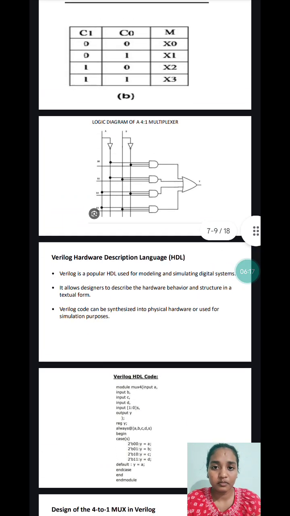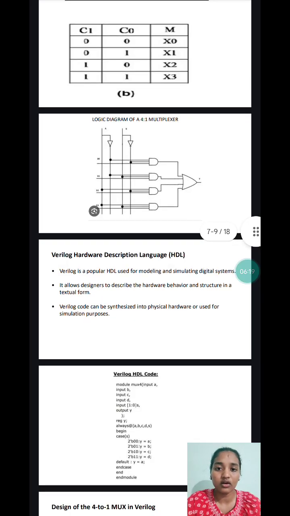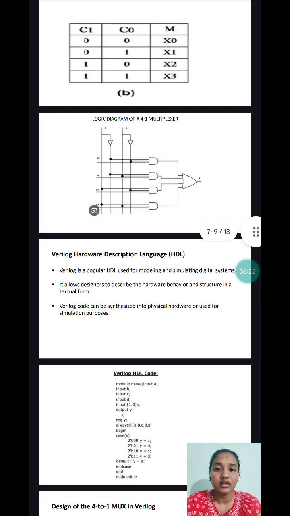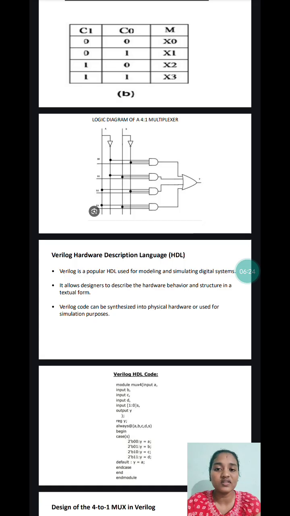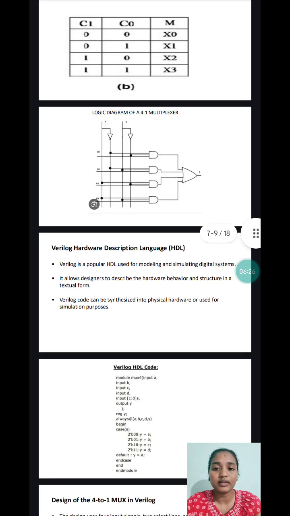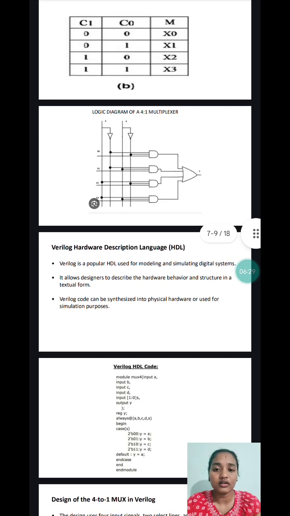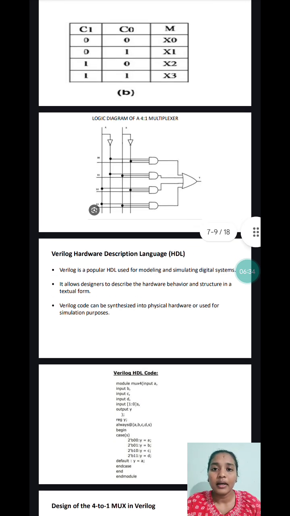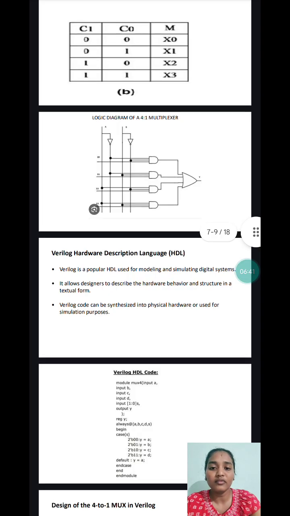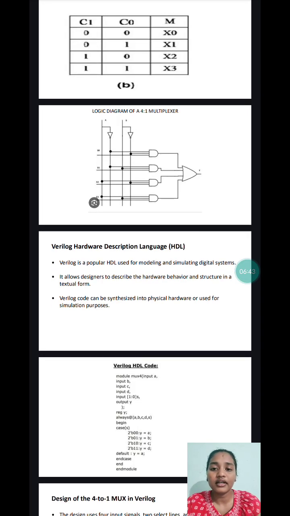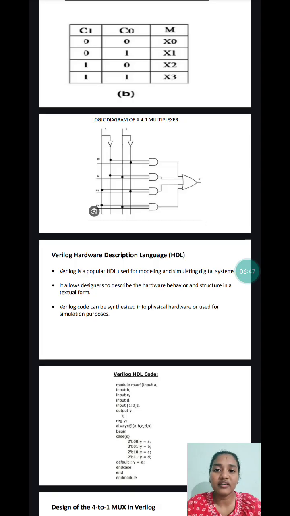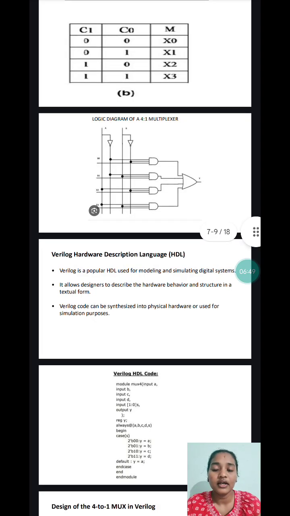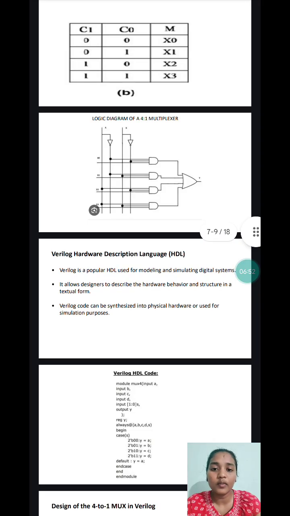Basically, by this truth table you can draw the logic diagram. When C1 is 0 and C0 is 0, x0 is the input signal, and it forms an AND gate. For 0 1, C1 is 0 and C0 is 1, and x1 is the output.